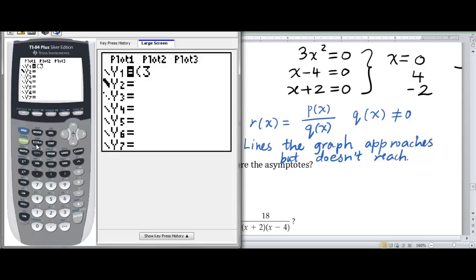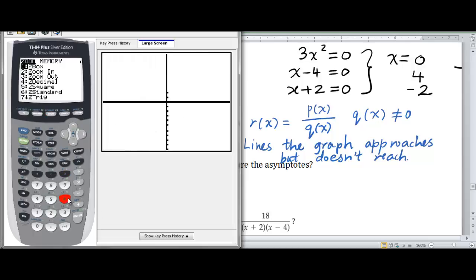Let's put this in parentheses: 3x plus 2, whoops, I can do this, over x minus 2. And then let's go back and go to zoom 6. And you can see we have some asymptotes going on here. We have a vertical asymptote and a horizontal asymptote.